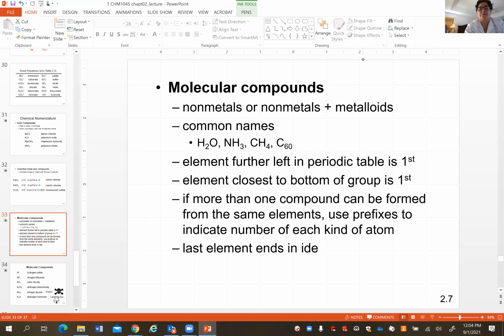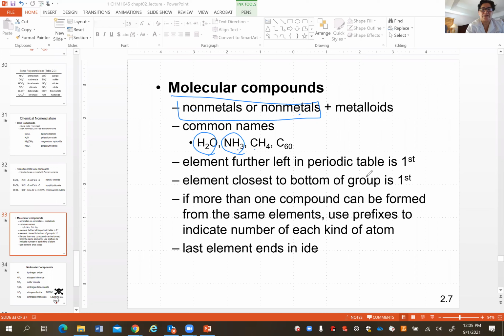An ionic compound is a metal and then a non-metal. A molecular compound, just consider this one for now, is a non-metal and a non-metal. So hydrogen is a non-metal, oxygen is a non-metal, and a combination of these doesn't give an ionic compound, it's a molecular compound. Nitrogen is a non-metal, hydrogen is a non-metal, so this compound is a molecular compound. Same thing for carbon and hydrogen.